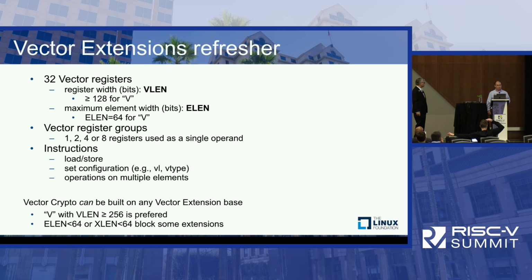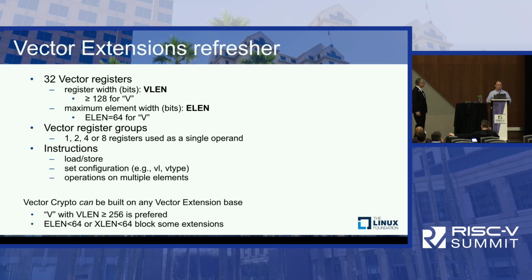So vector crypto can be built on top of any vector extension base. The vector extension specification talks about an application processor base, which is the V extension, and there are also some smaller embedded extensions.